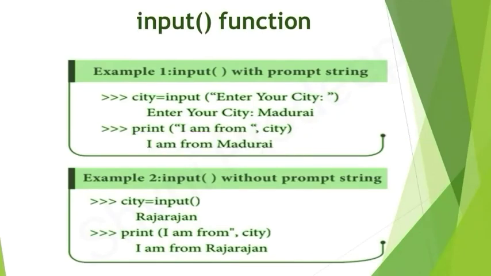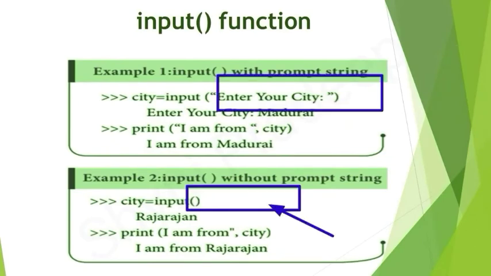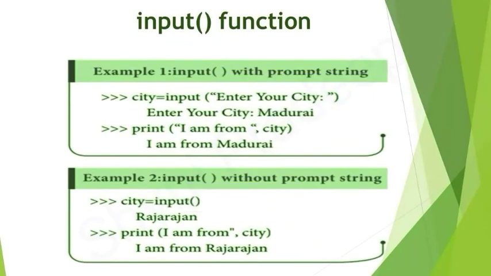But if we are not giving prompt string in the input function, then no message will be displayed on the output screen, okay. For example, if you are giving the input function without this prompt string, for this code what output will you get? In example 1, prompt string is given, that is, enter your city. So it displays on the output screen. But in example 2, the prompt string is not given.